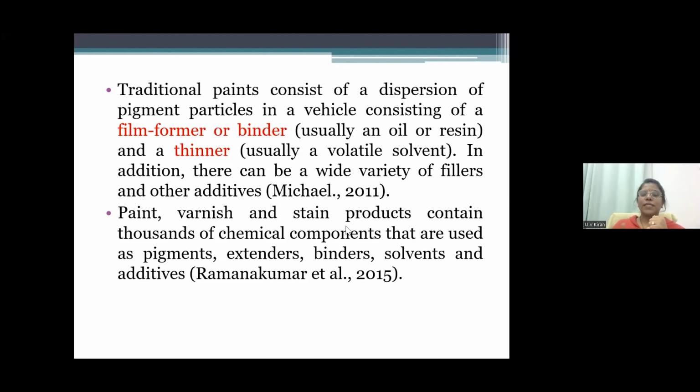And of course, there are additional additives which make up the composition of paints. So paint, varnish or stain products contain thousands of chemical components which the painting workers get exposed to, and due to which many respiratory health ailments come up in painting workers. They contain pigments, extenders, binders, solvents, and other additives.